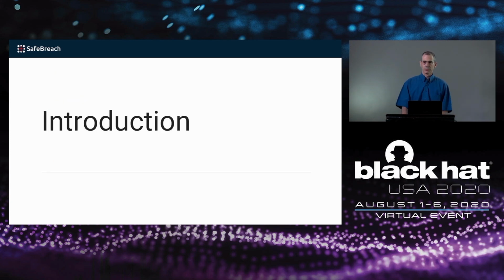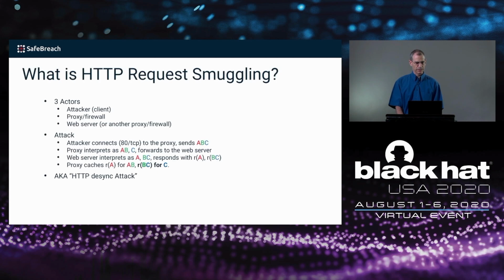And today we're going to talk about HTTP request smuggling, which is an attack that involves three actors. One is the attacker, who is practically a client. The other one is a proxy or a firewall. And the third actor is a web server, or it can be a chain of proxies and firewalls leading finally to a web server.